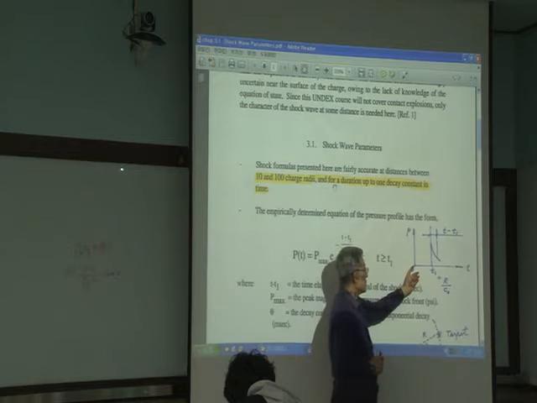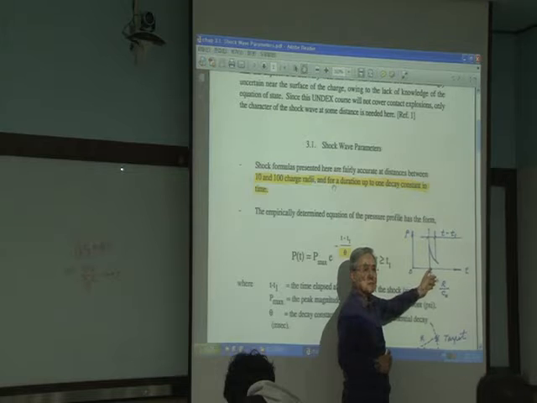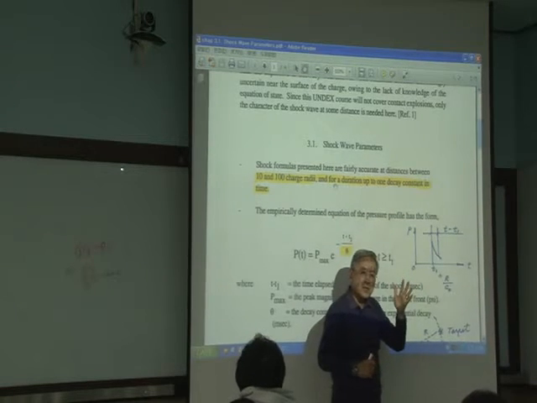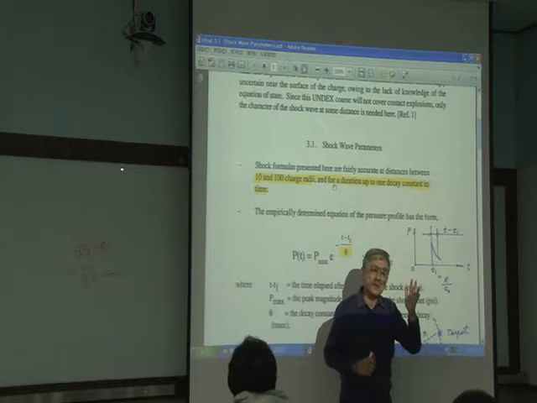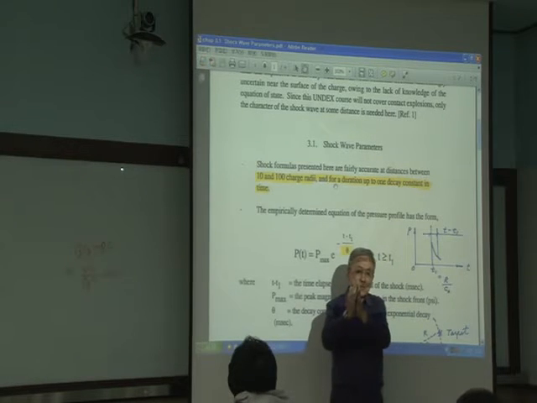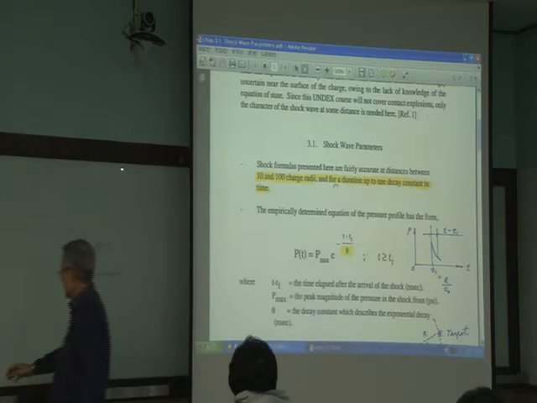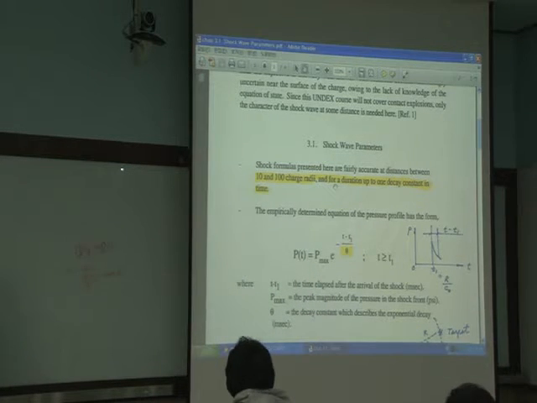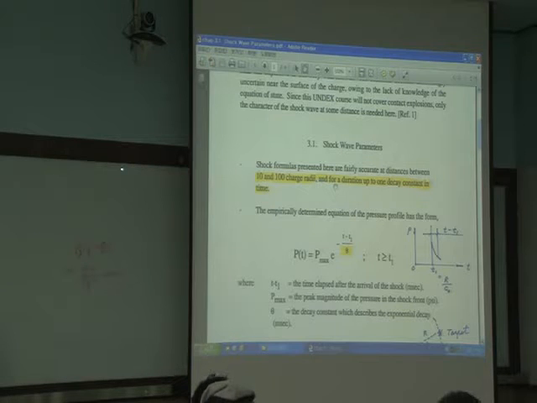So from 0, then T1, this T1 is the time that the shock wave front touches the target, whatever the target is. So this is like, explosion is here.